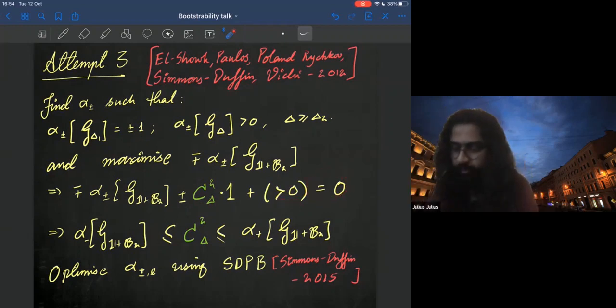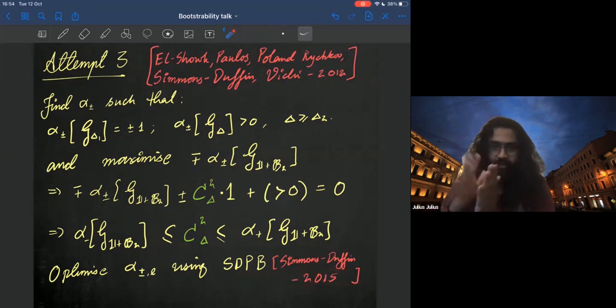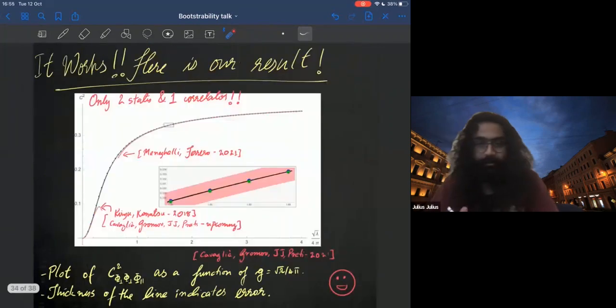And this you can use basically to bound your OPE coefficient. And then you optimize the parameters of your functional using the semi-definite programming package developed by Simmons-Duffin, and then you try to restrict the bounds further and further. So luckily, it worked for us.